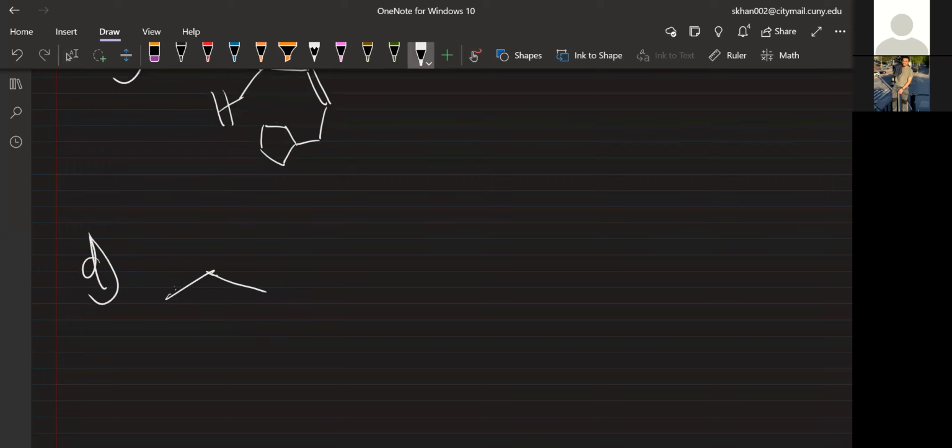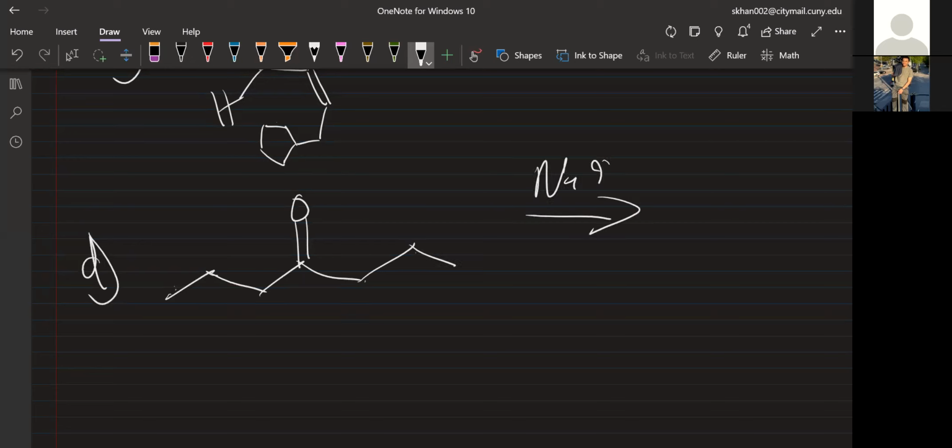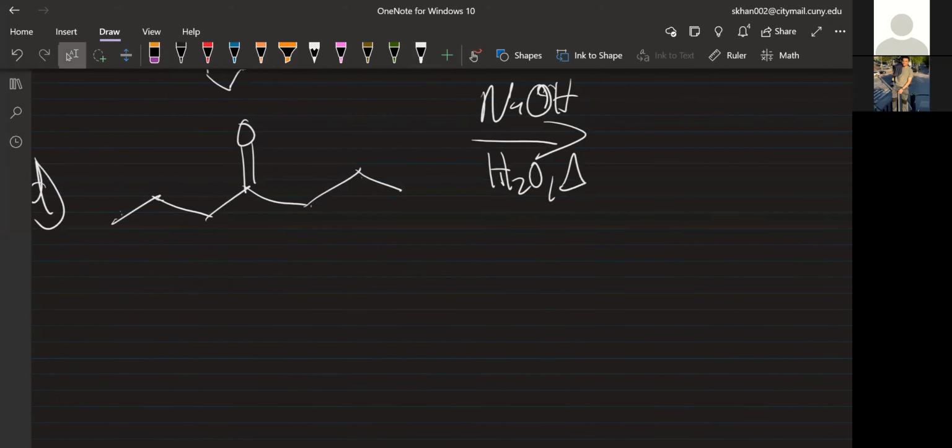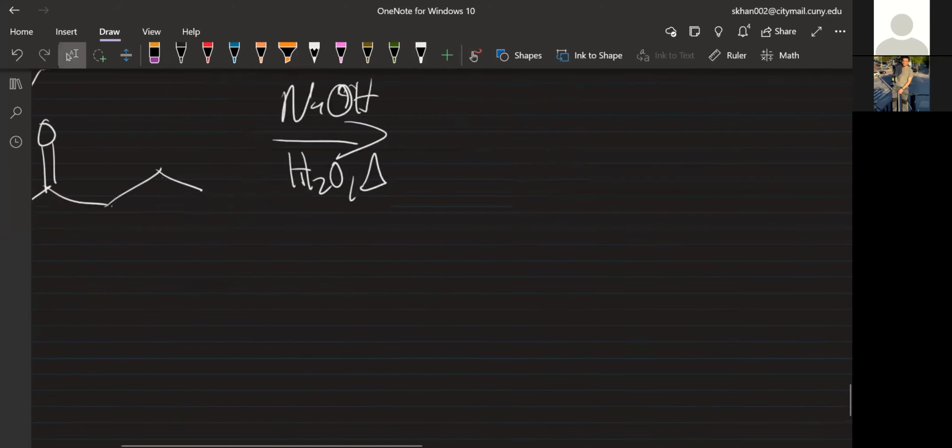So I'm going to redraw everything. Ooh, 1, 2, 3 carbons on each. Right? So this is only for condensation products. This kind of works, right? So we have our thing here, right? So I'm going to redraw this. This is our starting material, right?